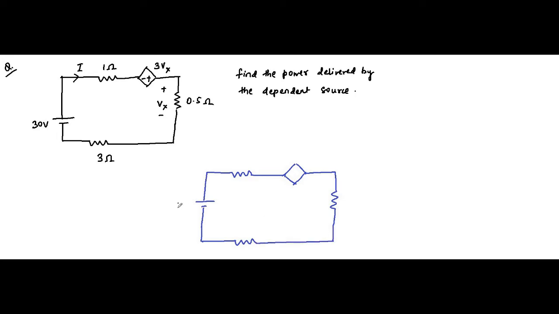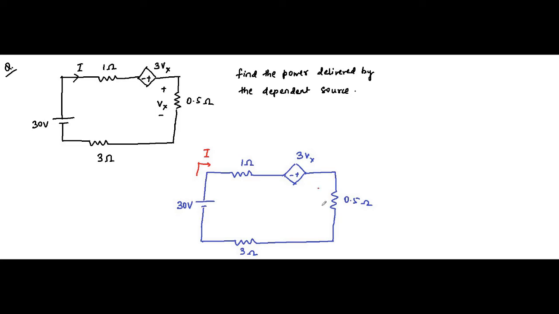Okay, 30 volt, 1 ohm, 3Vx, 0.5 ohm and 3 ohm. So here there are some important things. First, this is the current flowing.